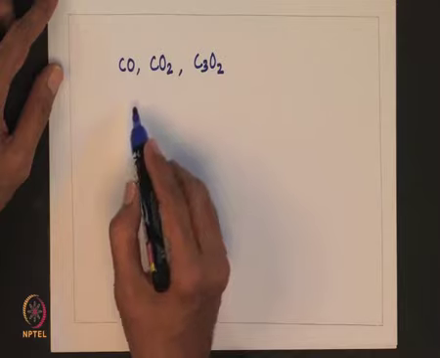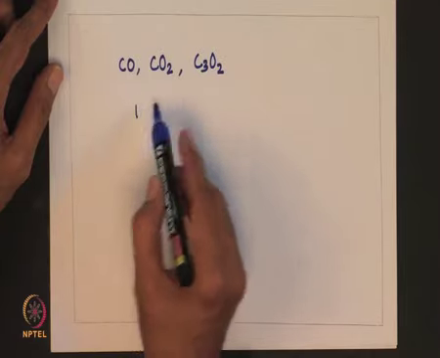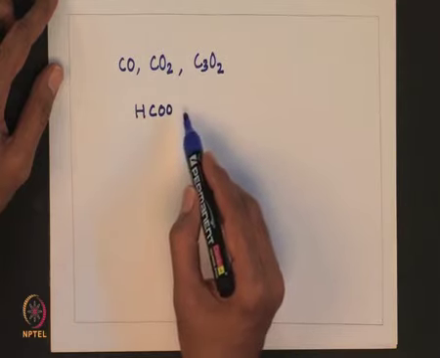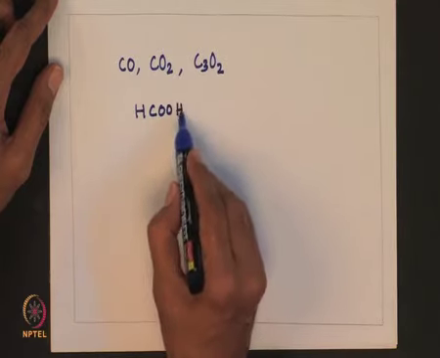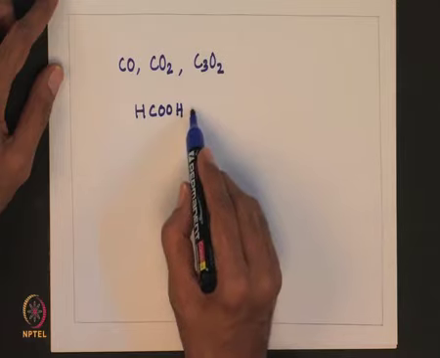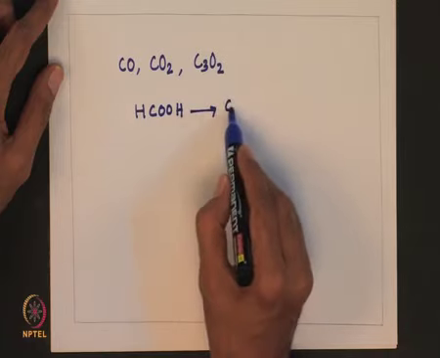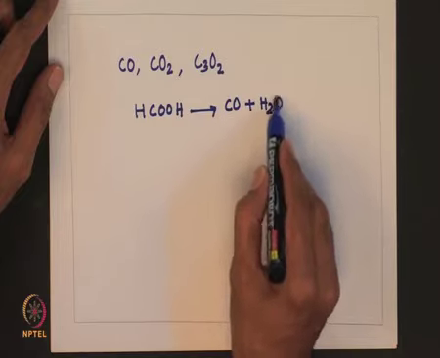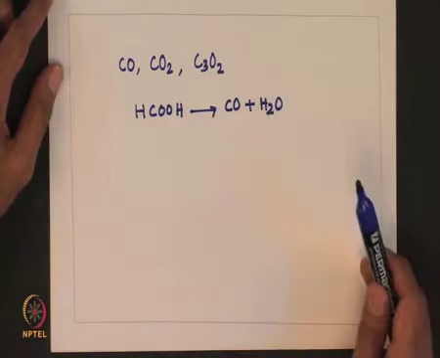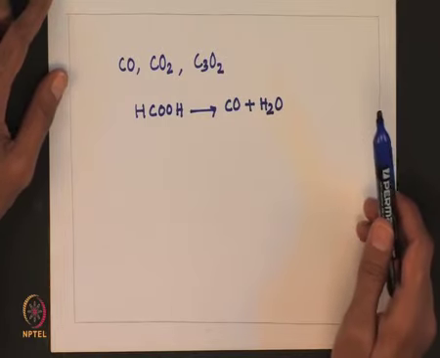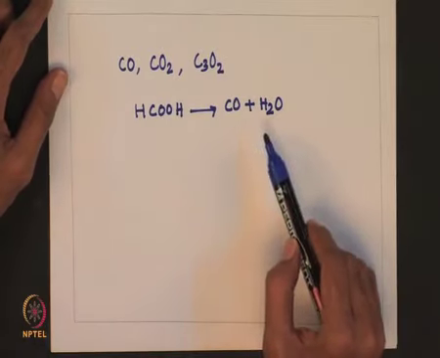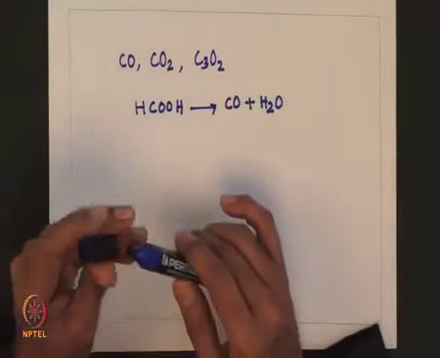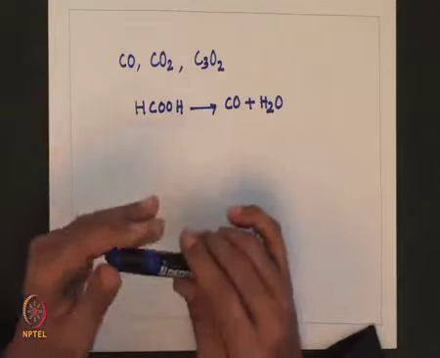Carbon monoxide can be readily generated in the laboratory by dehydration of formic acid using sulfuric acid. If you take formic acid and treat with concentrated sulfuric acid, CO gas comes out with the formation of H2O, and carbon monoxide is poorly soluble in water and does not react with it.